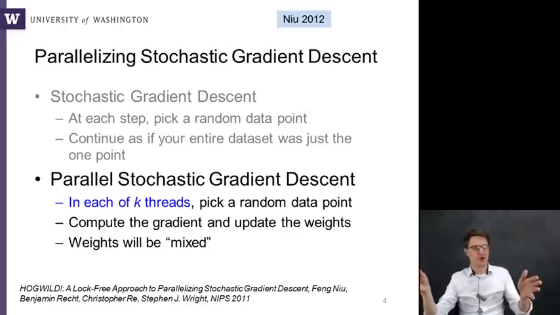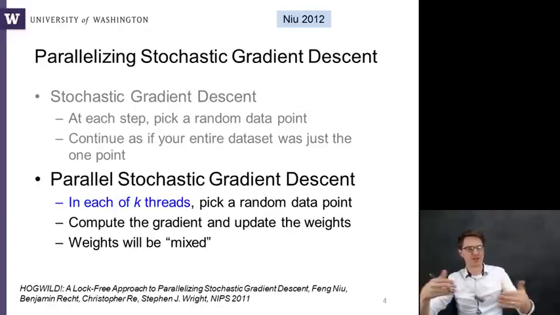Now, it's unpredictable which order these updates will happen in, and therefore which values of the parameters you'll use to compute the new value. You may have one thread's updates but not another thread's updates, and so on. But what they were able to show is that you still make progress.